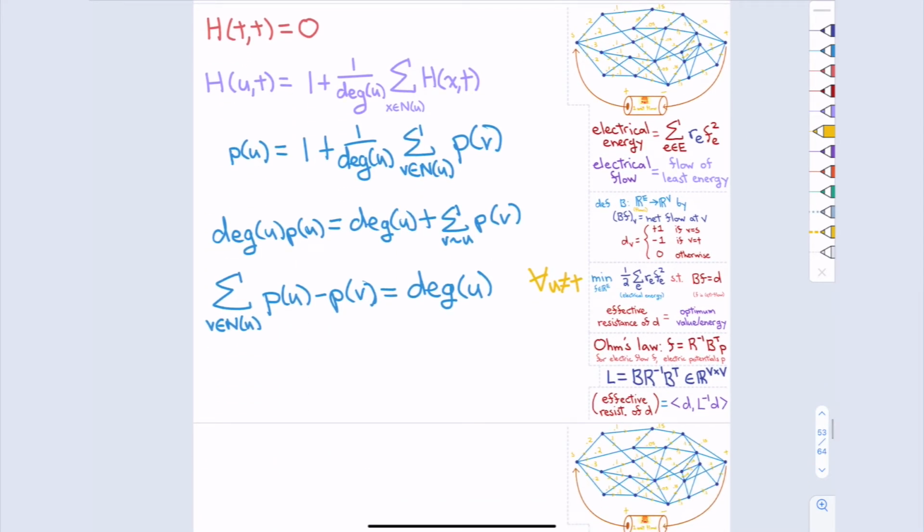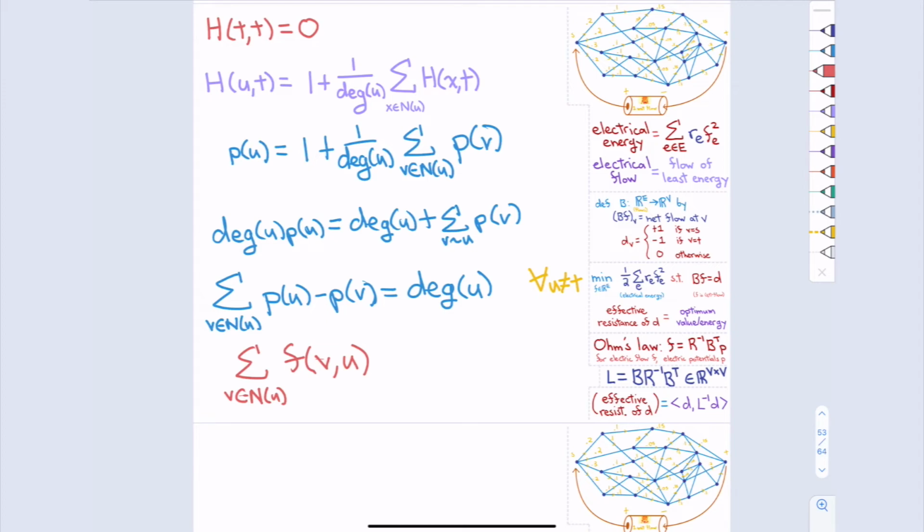So this is actually equal to the sum over all neighbors of U, sort of the flow from V to U, okay, which may be positive or negative.